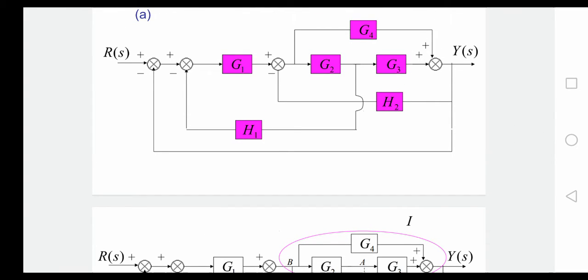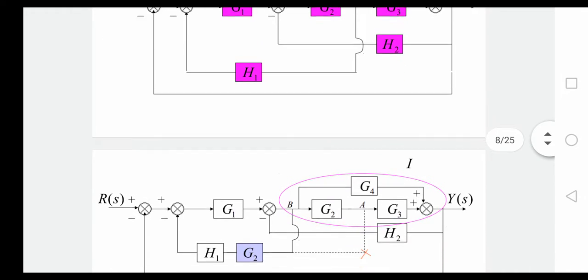Now you are going to take the takeoff point ahead of the block g2. The takeoff point is after g2, so you need to take it before g2.